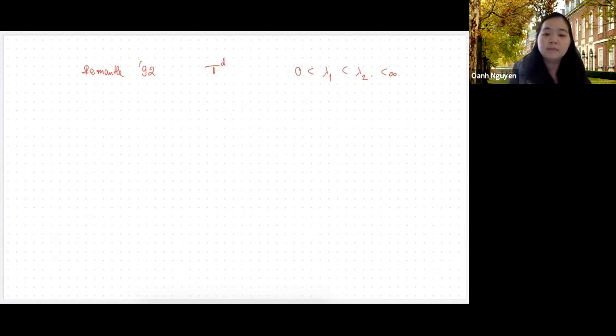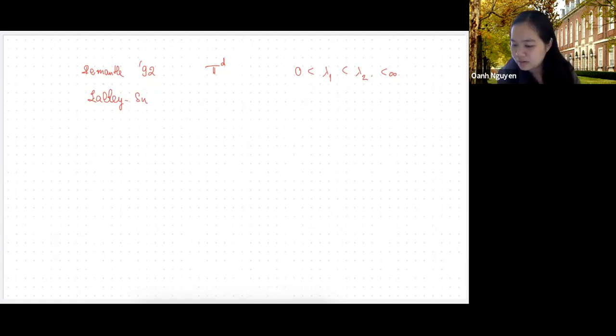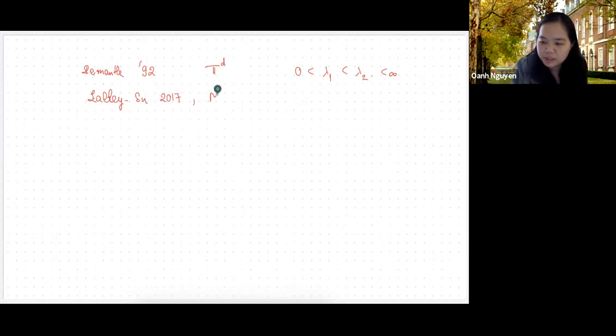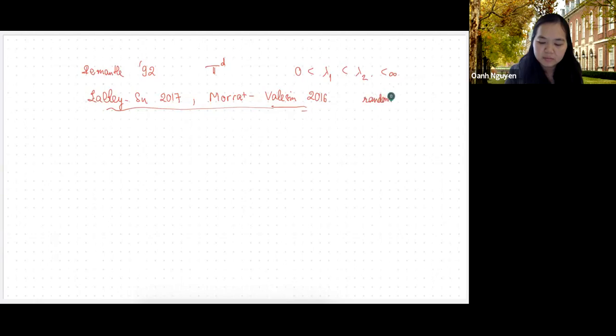Now, for the finite graphs, there is a classical result by Lally and Su, and in 2016 Mourrat and Valesin studied the contact process on the random regular graph G_{n,d} with degree d.